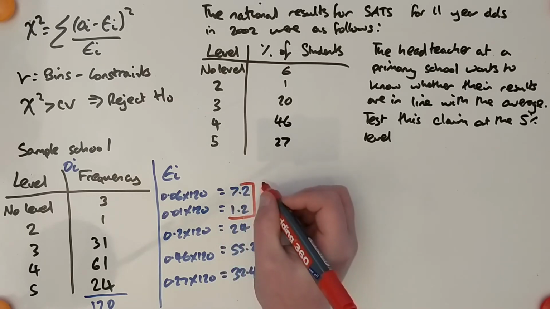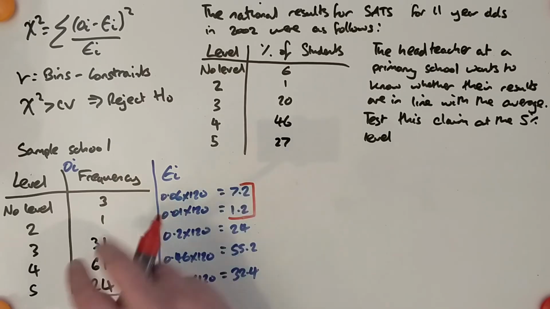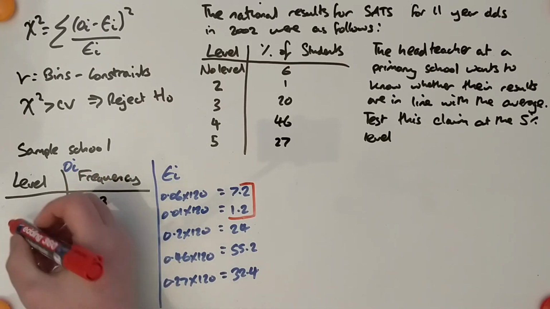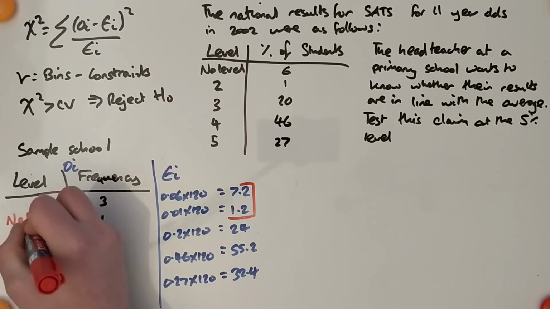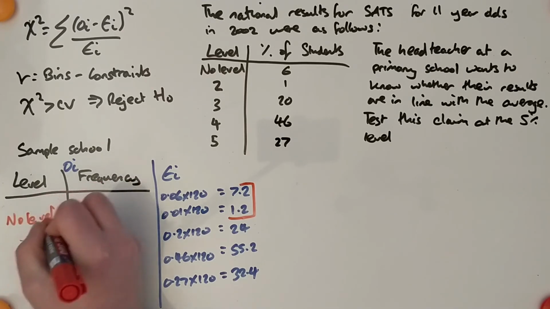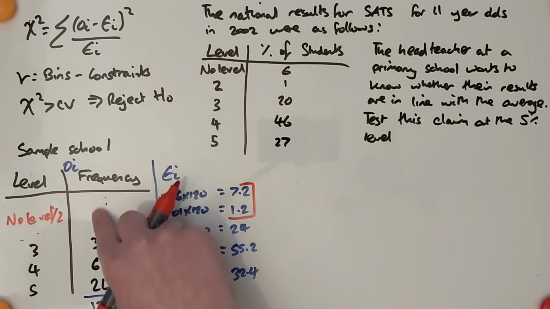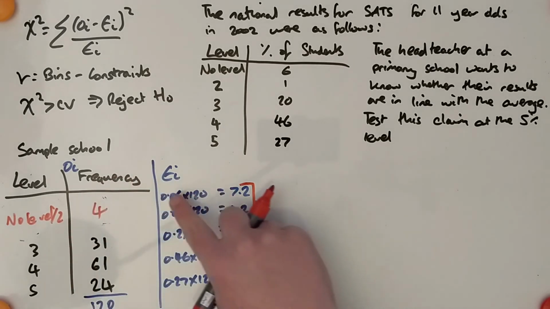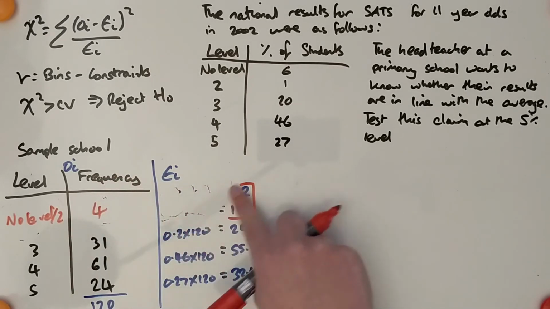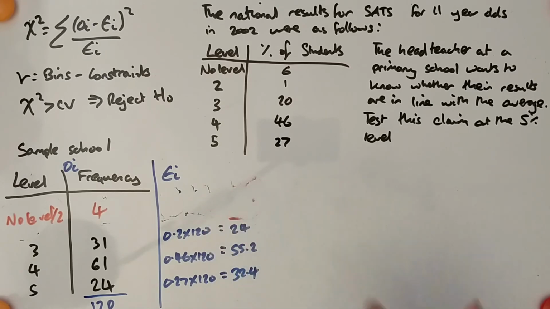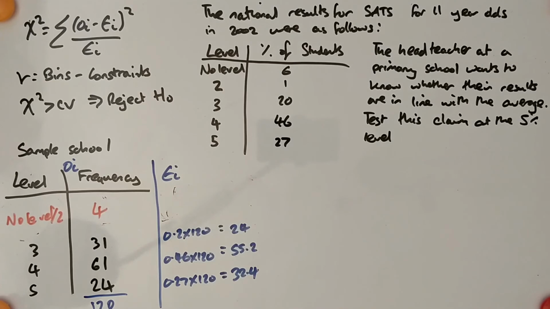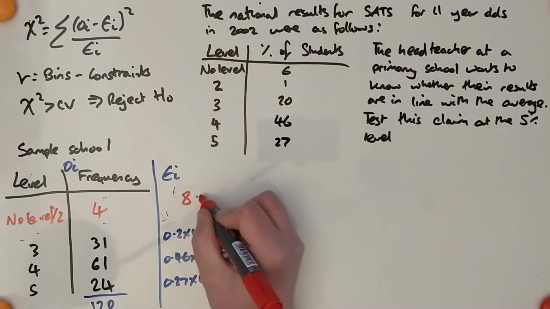So now I'm going to have a new column essentially, which is going to be no level /2, with a combined frequency of 4 and a combined expectation 8.4.